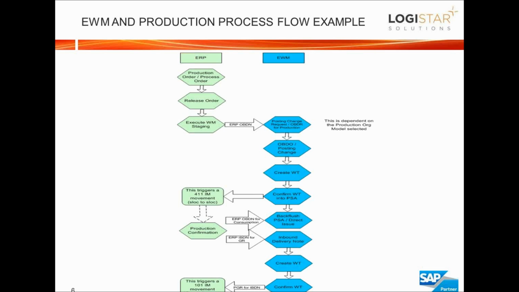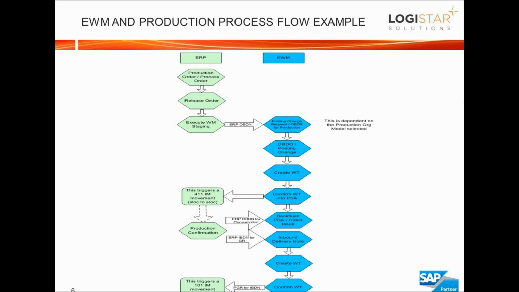If you're familiar with ERP warehouse management and its integration into production, it's still really the same steps as far as triggering the component staging. Because you're dealing with EWM, once the staging's been executed, it ultimately creates an outbound delivery from ERP. That outbound delivery is then transmitted over to EWM, where it becomes a posting change request.